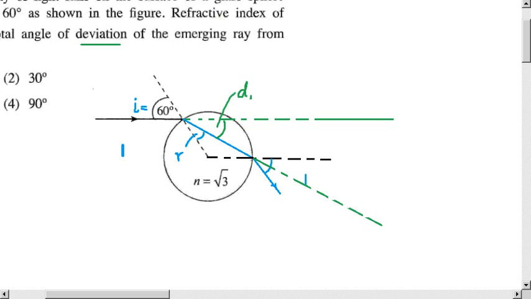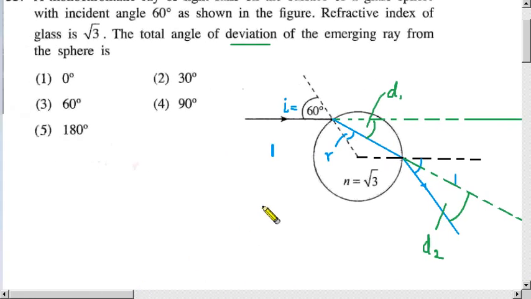Now the new ray, the emergent ray, is heading this way. So there is an angle again, and this angle again we call the angle of deviation. We denote it by d2. So twice this ray is subjected to deviation. At first it deviates to the right side like this, and again it deviates to the right side like this. So there are 2 deviations, and we have to get the sum of these deviations.